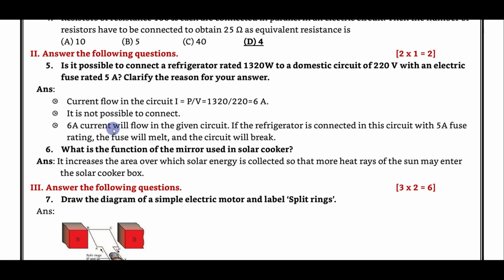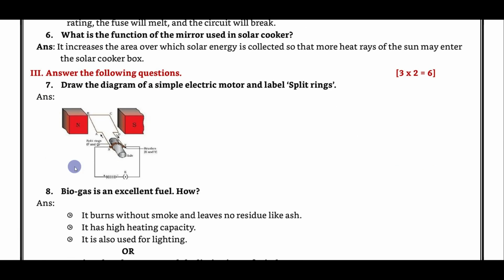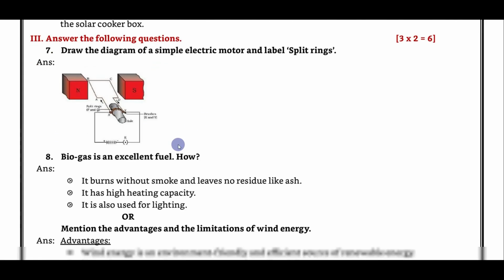What is the function of the mirror used in the solar cooker? It increases the area over which the solar energy is collected. Its surface area is increased to collect the solar energy and more heat rays of the sun may enter the solar cooker box. 2 marks: important diagram of simple electric motor.